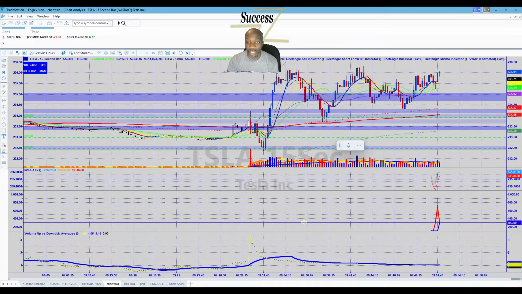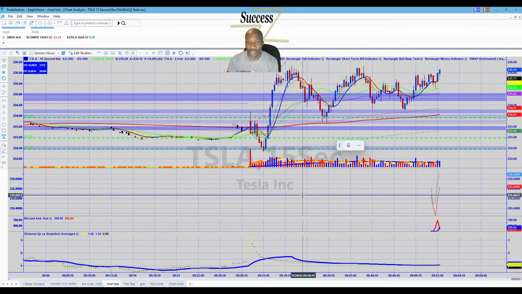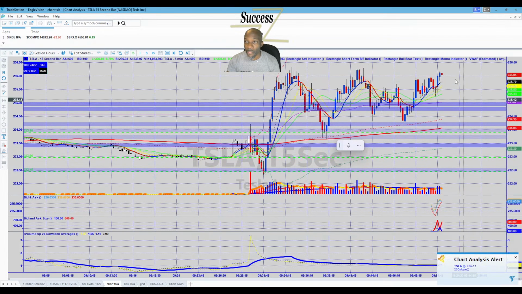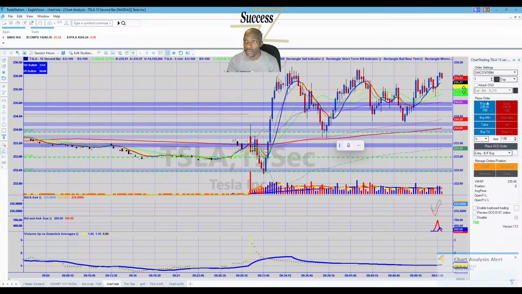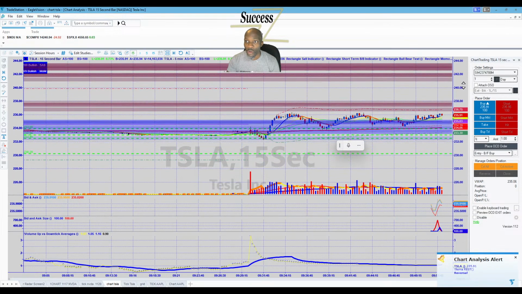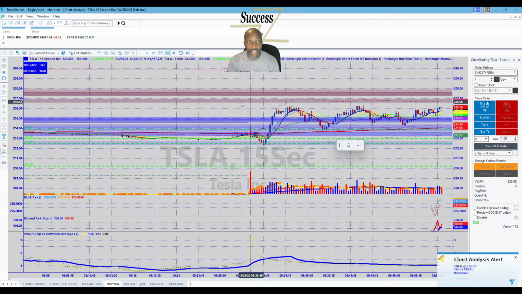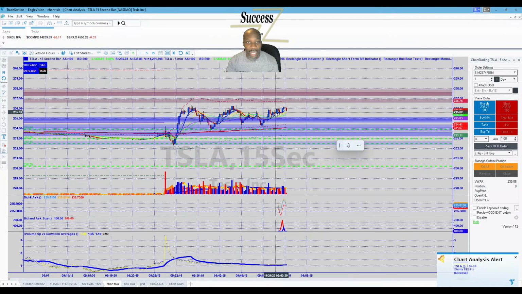Alright, I'm going to try something. So once we find that the chart is in it, and look at that. That's what I love about the codes that I put together. So you know, we were identifying 237.10 in this area right in here, right?